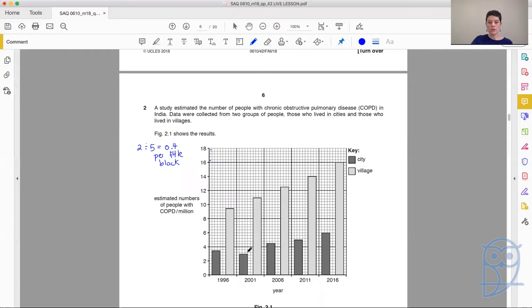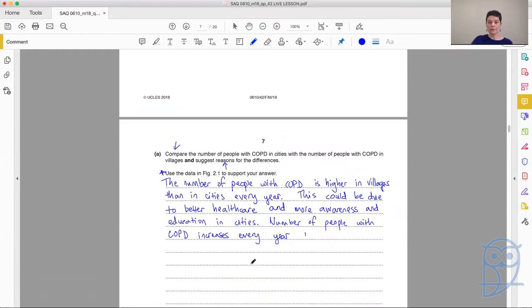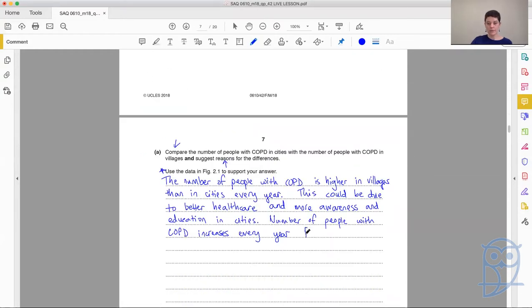So from 2001, in both villages and cities. So we have one contrast, villages higher than cities. Now we have one similarity, both going up.